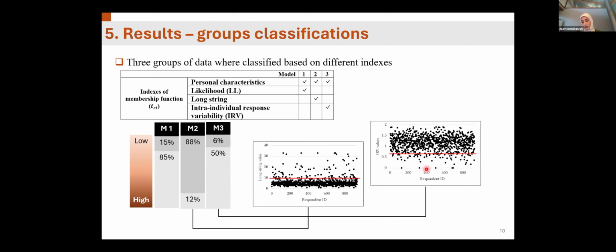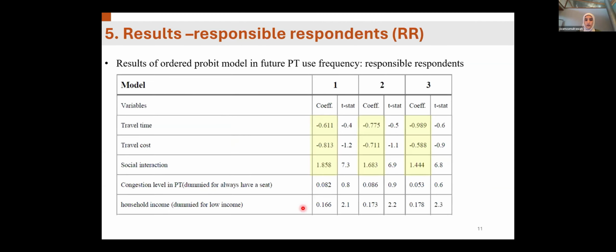I put these figures so you can see how we have some outliers in those data. The outliers are dummied for either lower or higher values, depending on the index we're using.